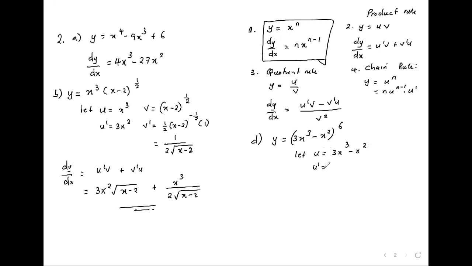And u prime is going to be 9x squared minus 2x. And then dy/dx will automatically be 6 u power 5 multiplied by u prime. This is 6, u is 3x power 3 minus x squared, to the power 5, and u prime is 9x squared minus 2x.